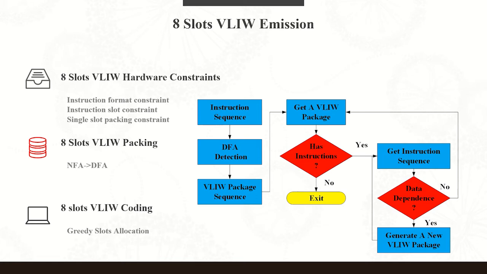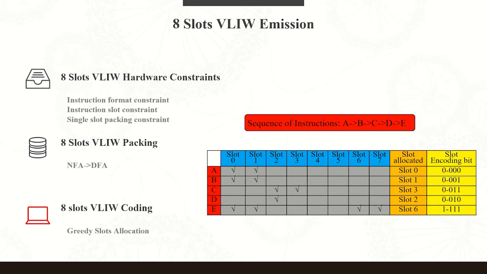The code steps are the DFA detection described earlier and the data dependence checking. The final S.VLIW coding algorithm adopts a greedy algorithm. The fewer the number of allocated slots and the more forward the positions of the allocated slots are, the earlier they are allocated.